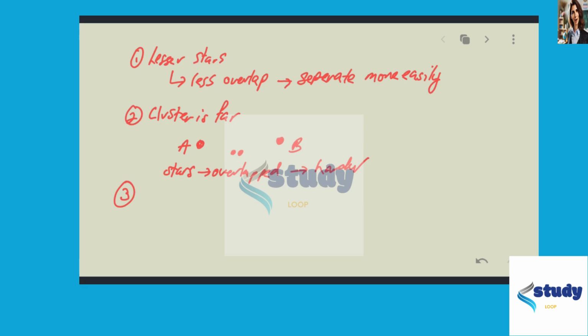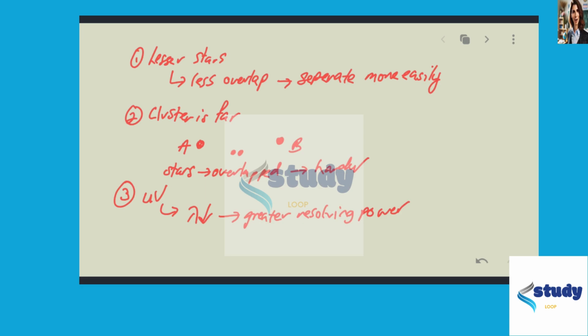A third condition is what if the cluster can be observed in the UV range rather than the visible range. So for the UV range, we know that the wavelength is smaller. So with a smaller wavelength compared to the visible range, we get greater resolving power, and with greater resolving power, it makes it easier to separate different objects.